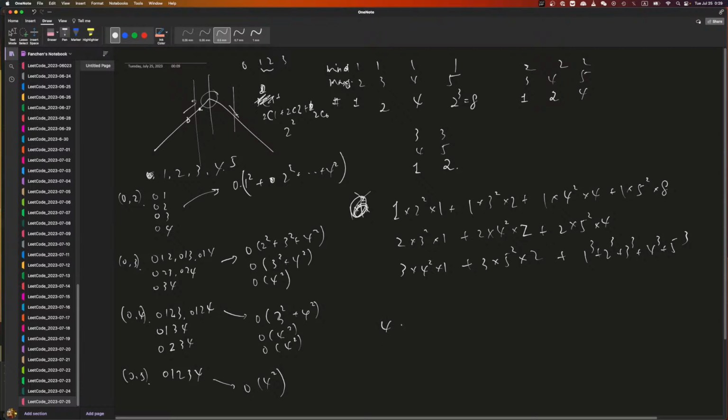So that's 4 plus 18 plus 64 plus 200. 4 to the third, that's 64 again. 25 times 8, that's also 200.